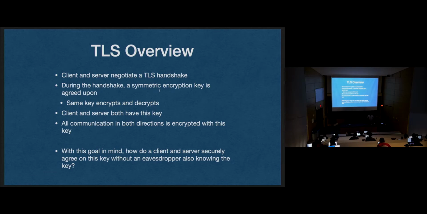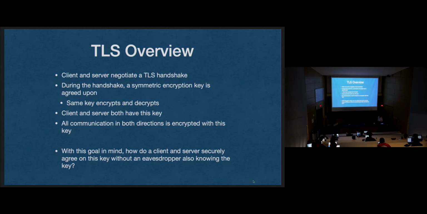There's no public and private key. We're going to agree on one key, and that key is going to be used by server and client to encrypt and decrypt. So we want a way to securely agree on that symmetric key, and then use it for all of our communication.